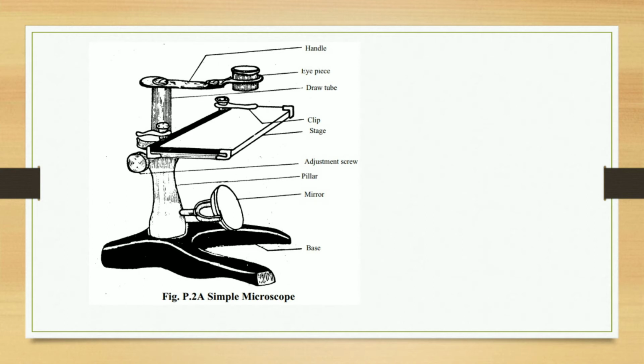It also contains a stage, which is for holding the object, on which the slide or whatever material can be placed. Then there is an adjustment screw for adjustment purposes. Then the mirror is there for light passing, directing sunlight to the object.